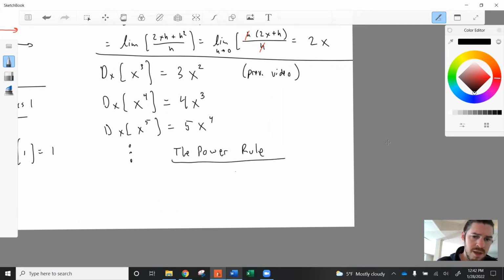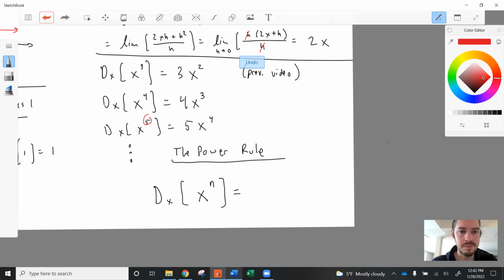The pattern is the derivative with respect to x of a power of x, x to the power n, where n is any number, in fact. So far, I've shown it to you with positive integers, or 0. If you have the derivative of x to the n, it turns out it's always going to be that n itself. There's a 5 up here, here's a 5 out here, for example.